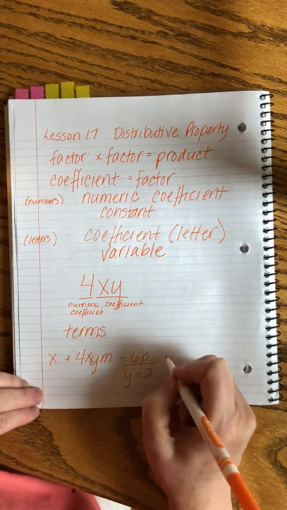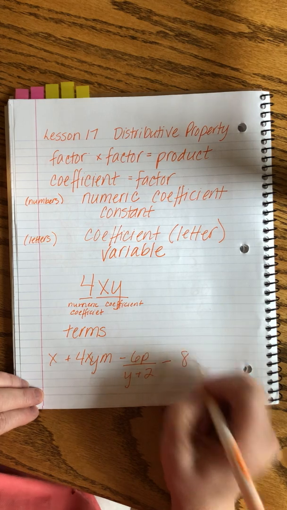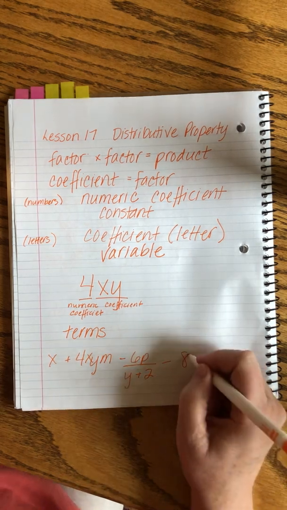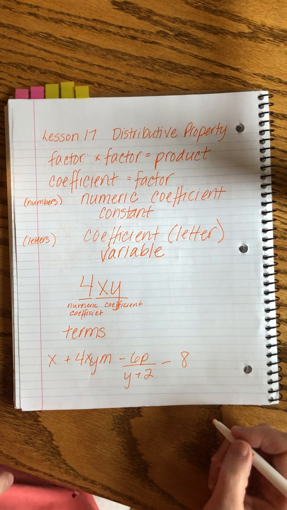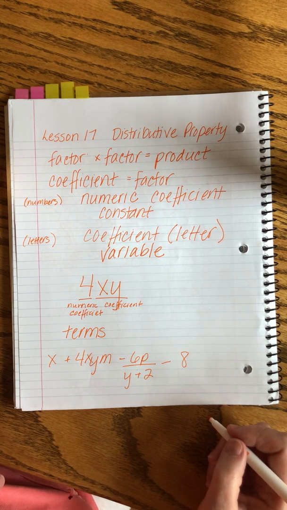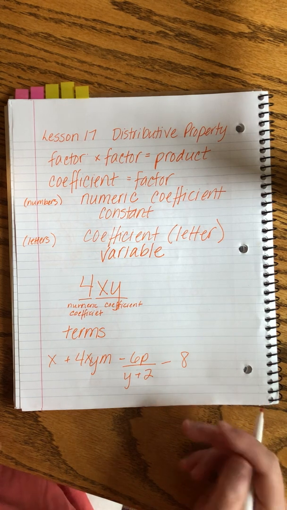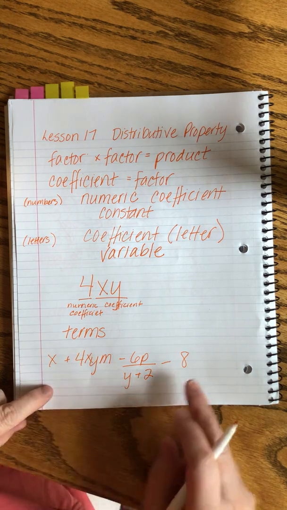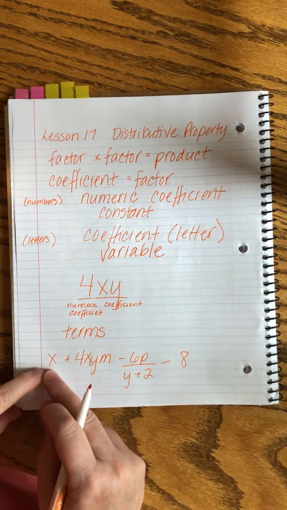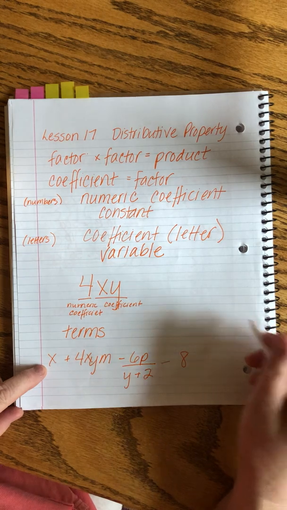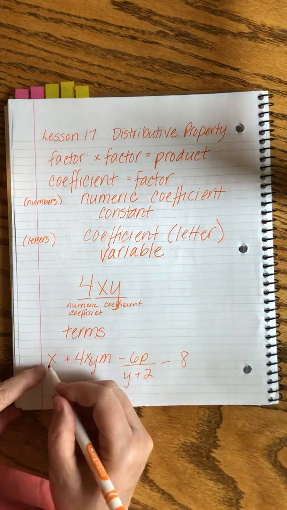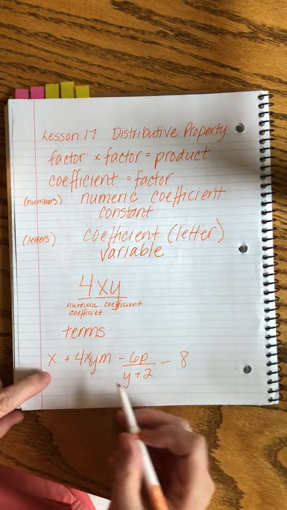I explained it recently, I think, to you guys. Terms are clumps of information that either have value or could have value, right? 8 has value. X does not, but if we said X equals 17, then we could give it value. So it could have value.